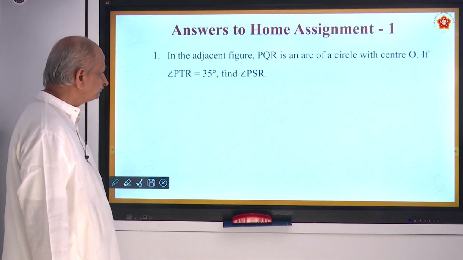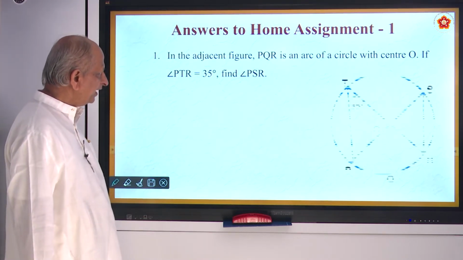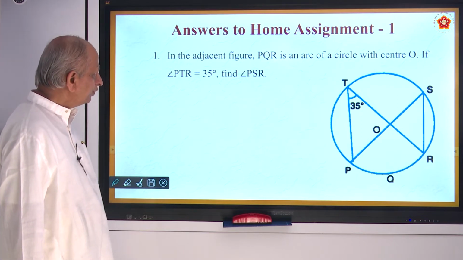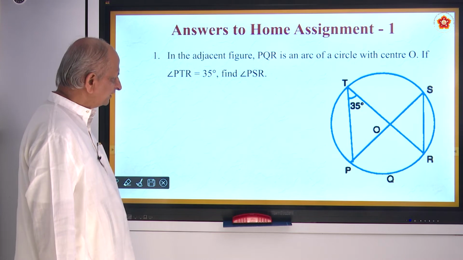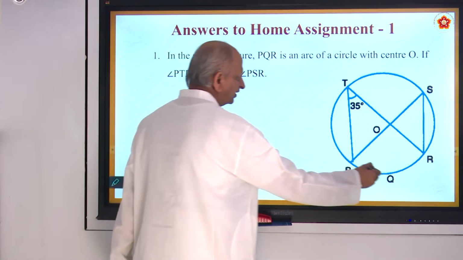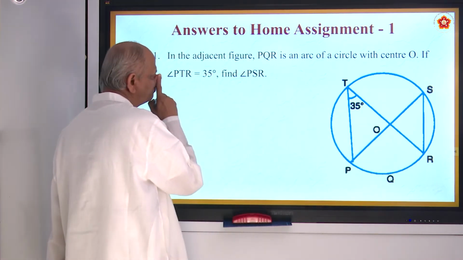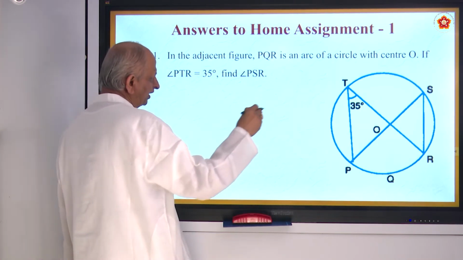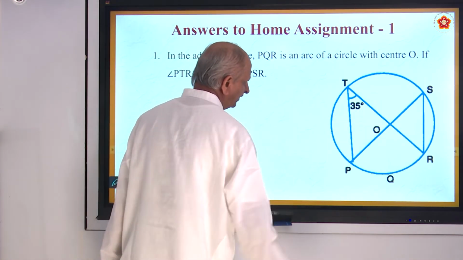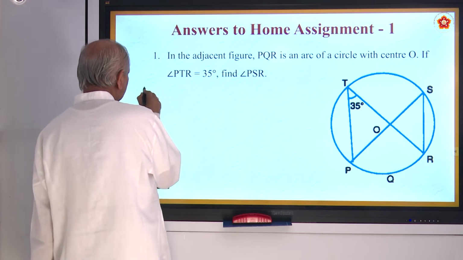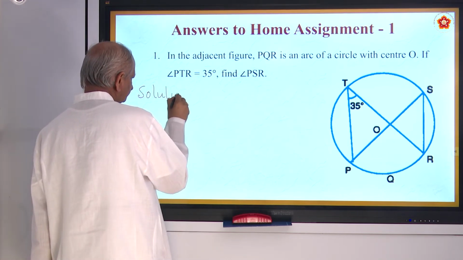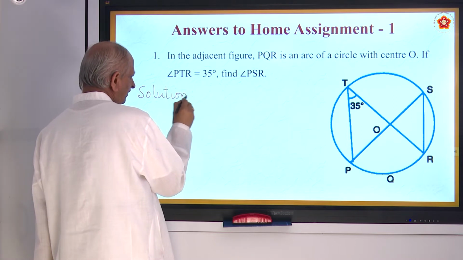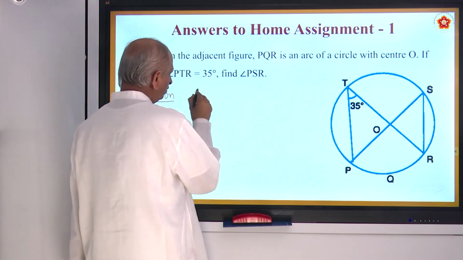First question. In the adjacent figure, PQR is the arc of a circle with center O. If PTR is 35, what is PSR? So the solution is by theorem.